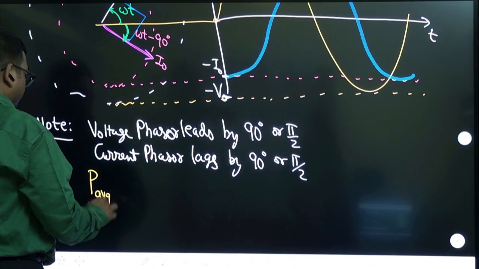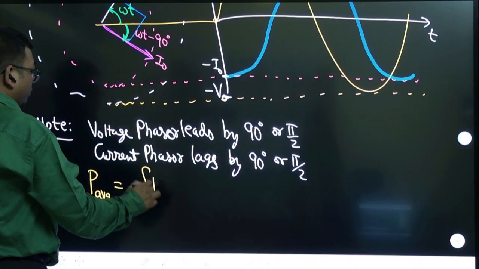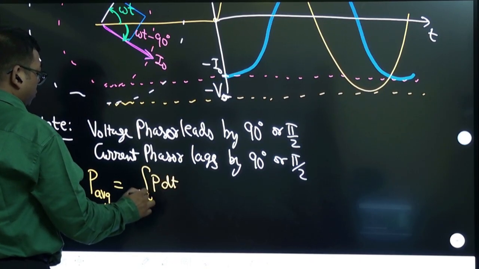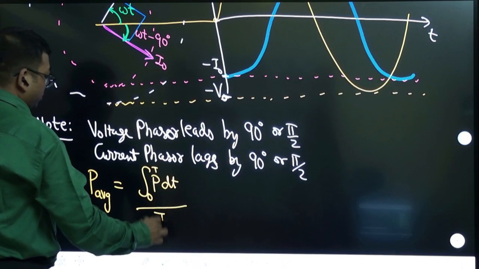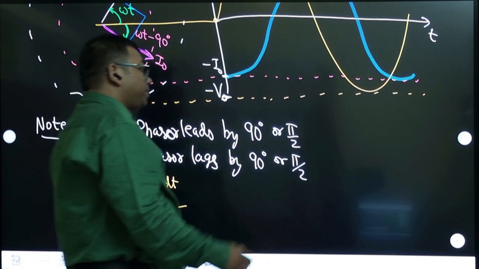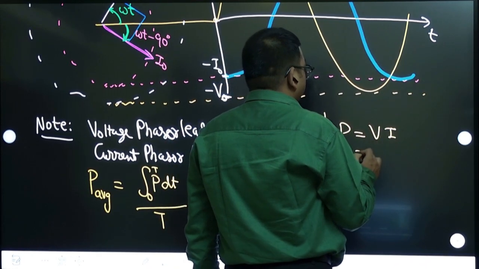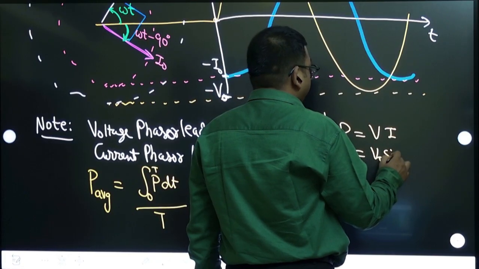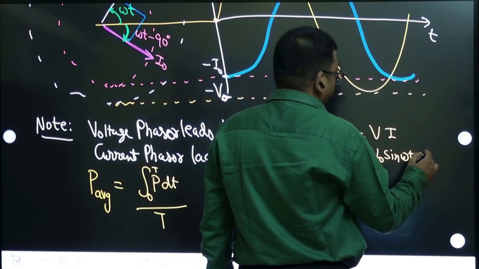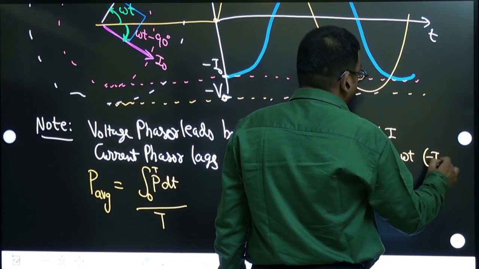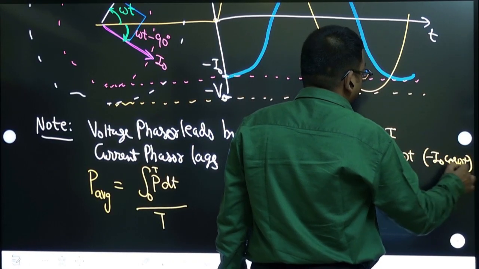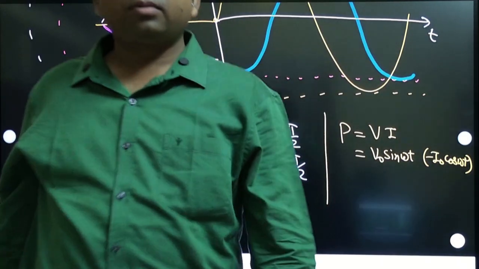Average power is the integration of p dt over one cycle divided by the total time. So here instantaneous power you calculate first. Power is V into I. V is V naught sin omega t. I is minus I naught cos omega t. Then you simplify that.